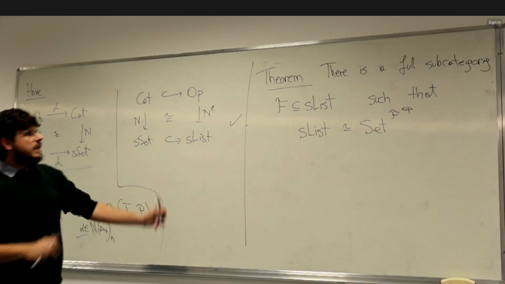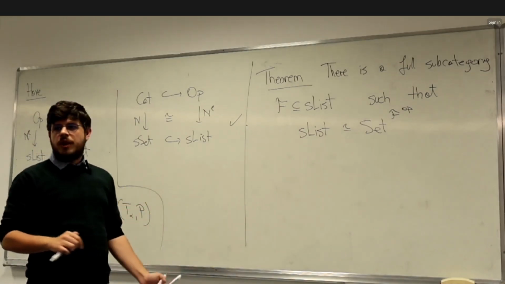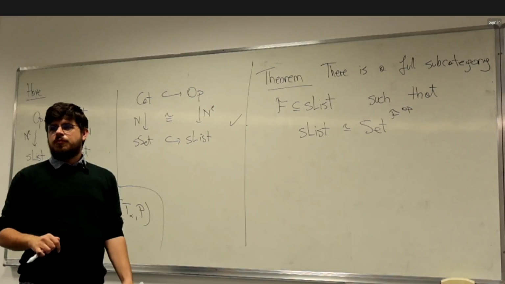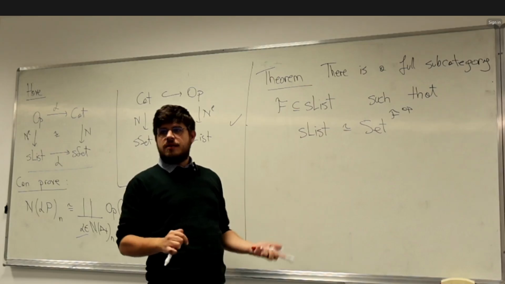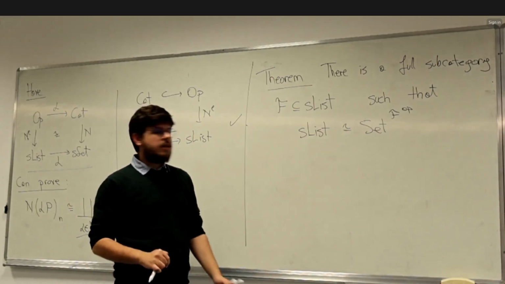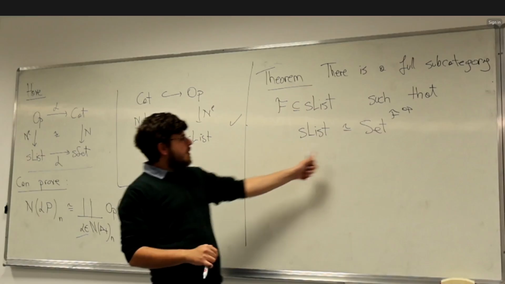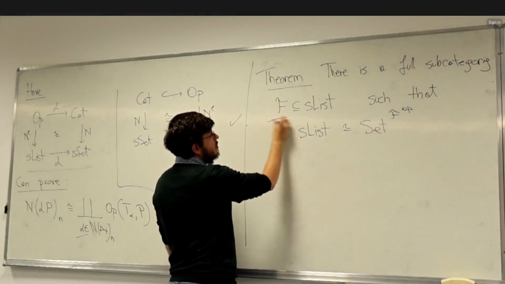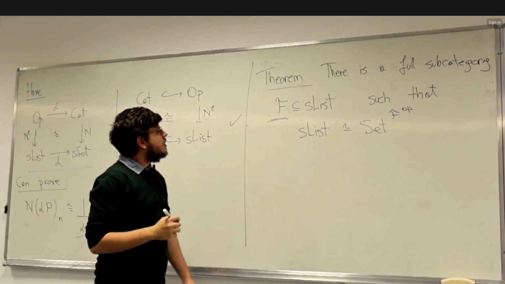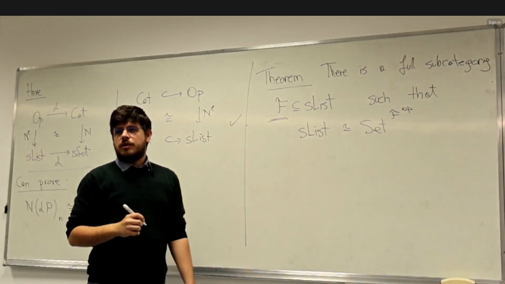This has been very surprising for us because S list is just a category of simplicial objects, and having a presheaf structure, moreover, we don't know much about what the base looks like.